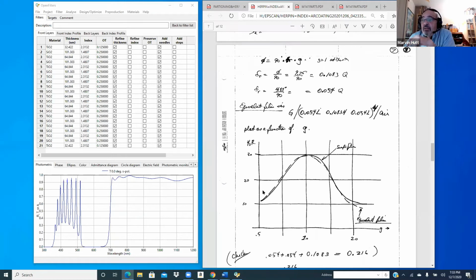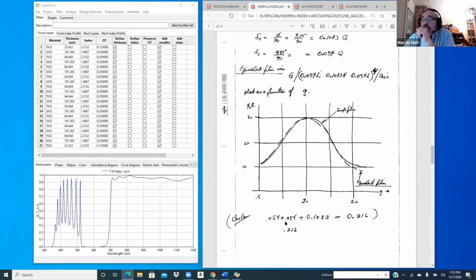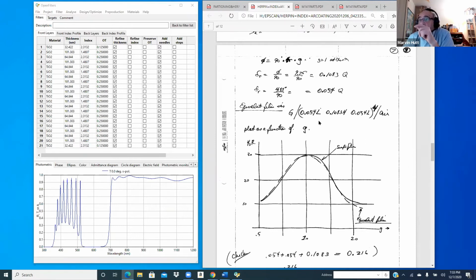And if we put that in, here is the single layer film, and here's the equivalent, all right? And we check: 0.054 plus 0.1083 plus 0.054 is 0.216, all right, is the check, okay? So we've produced from a low and a high an intermediate index high film, right?